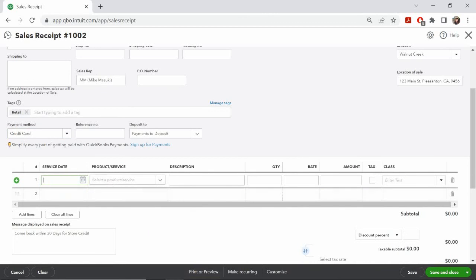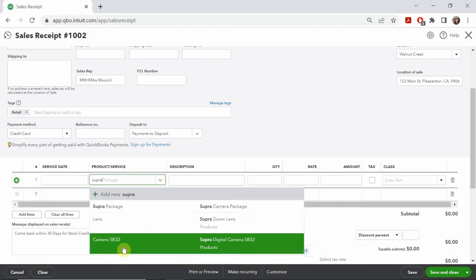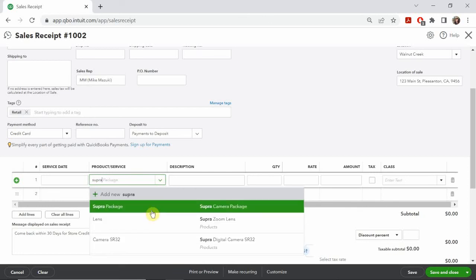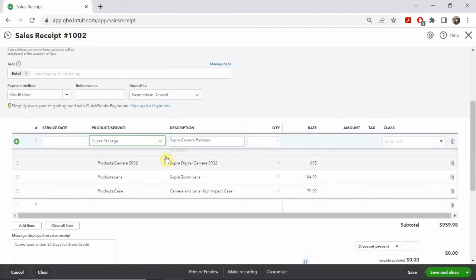Or, sorry, wrong section there. That's the service date. Supra camera package, so Supra package right here, which is going to tell me that I am going to be selling her a camera, lens, and a case. Okay, it's all broken down right here, and I'm going to make sure that I make this item taxable.